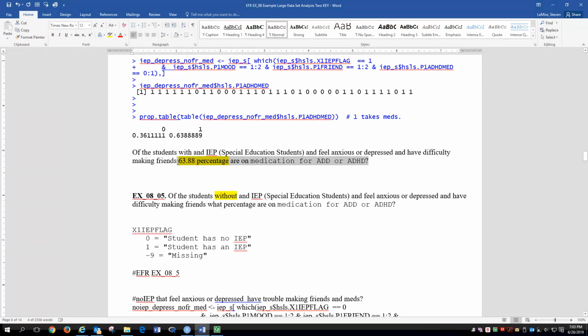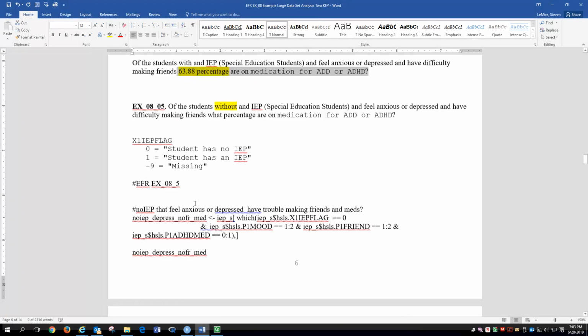Number 5, of the students, so now here we're going to do number 5, of the students without an IEP, special education, and feel anxious or depressed and have difficulty making friends, what percentage? So the only thing here that's different is now I'm going to look at IEP 0.